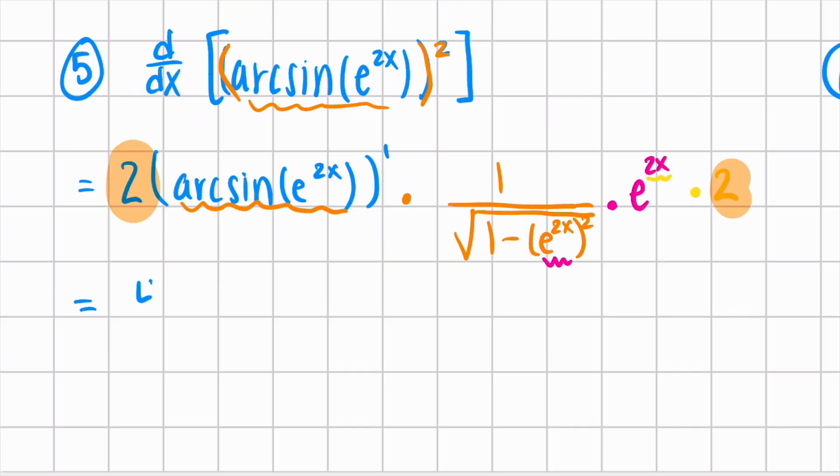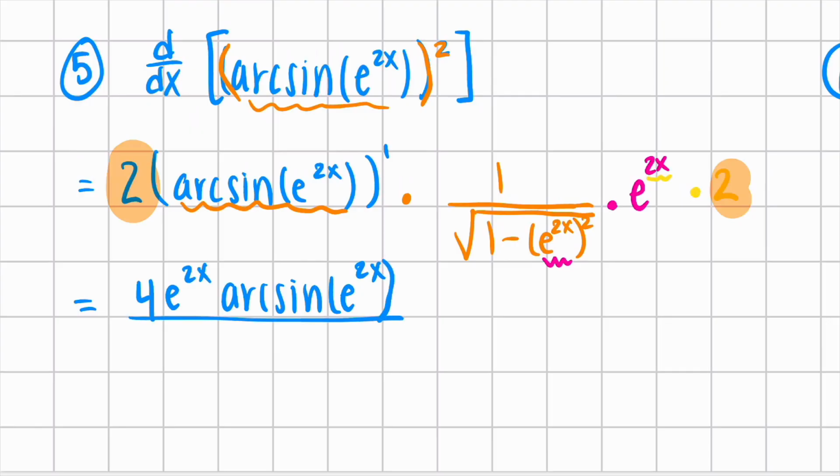So it's going to give me 4 e to the 2x times arcsine of e to the 2x. I'm going to make that my numerator. In my denominator, I'm going to have 1 minus e to the 4x under the radical. And that is my answer.